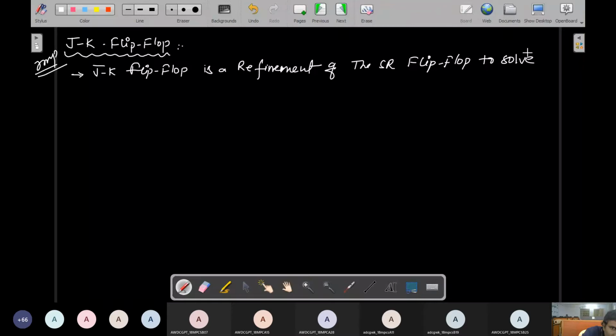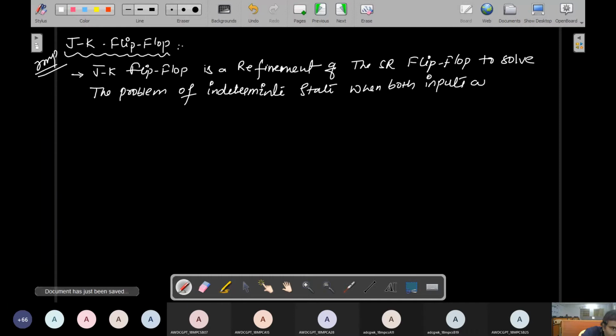See here, JK flip flop. JK flip flop is a refinement of the SR flip flop to solve the problem of indeterminate state when both inputs are 1.